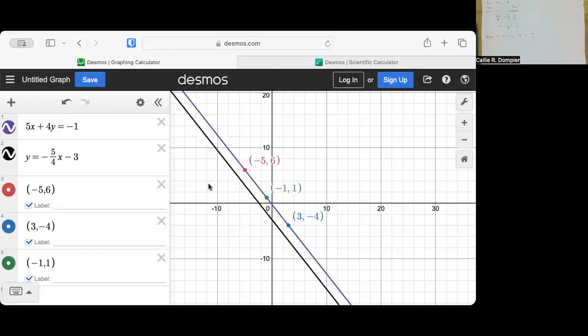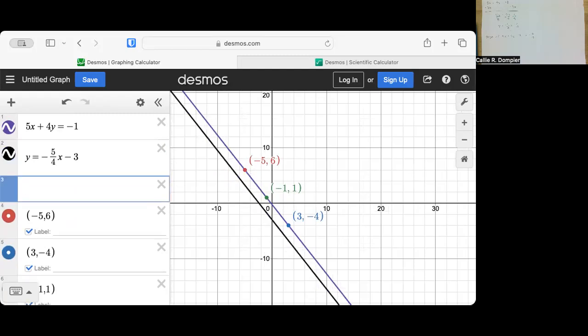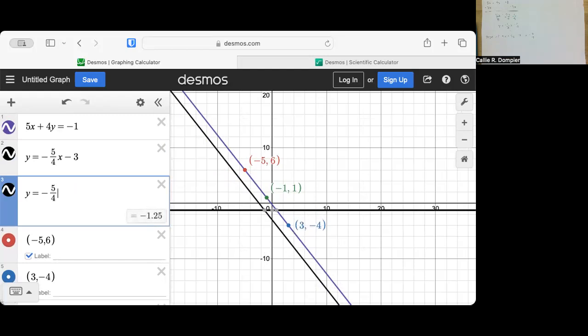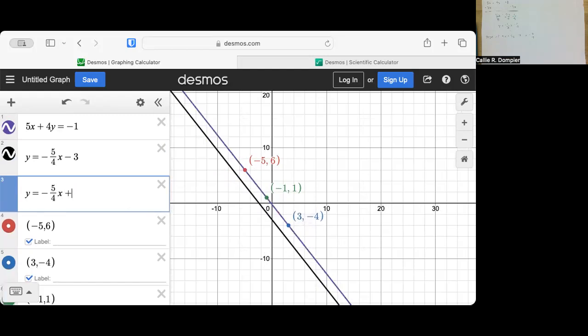So those two are parallel because they have the same slope. Y equals -5/4 x plus 2. Those are all parallel because they all have the same slope of -5 divided by 4.